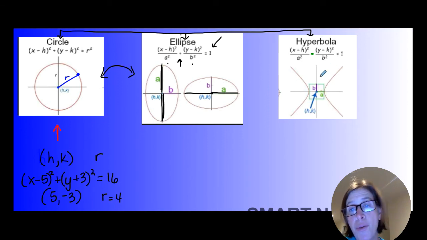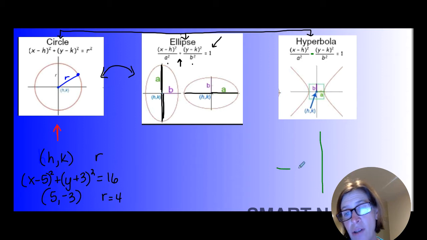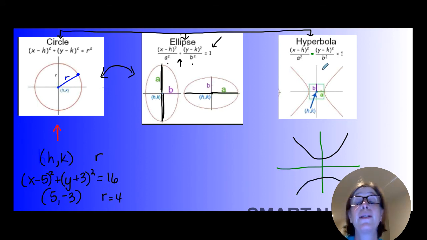And although this hyperbola I gave you looks like that, a hyperbola can also look like that. That's determined by where the a and the b, or where the larger value lies. If it lies under the x, it's going to look like this.